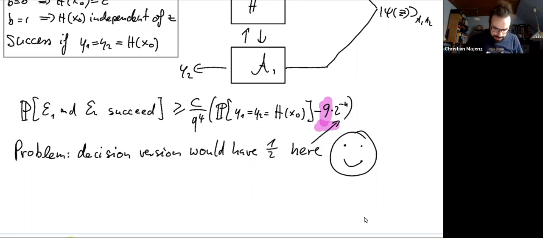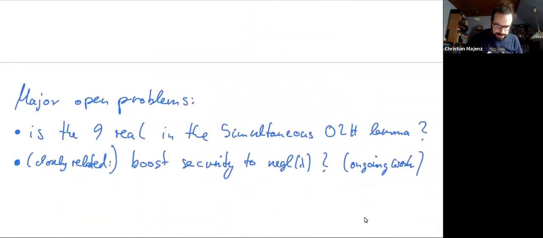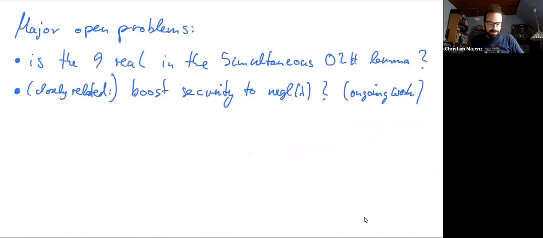Let me skip ahead across the last couple of slides and just pose some open problems. One of the main open problems that's already inherited from Broadbent and Lord is the 9 in the simultaneous O2H lemma: is it an artifact or is it actually a real factor? If it is real, then we would, of course, need to find an algorithm that exploits it.